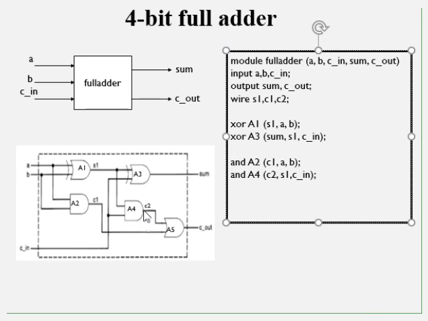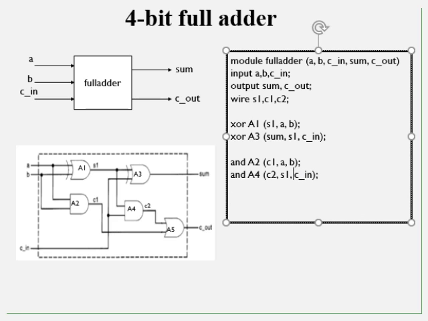So A4 inputs are S1 and C in, and the output is C2: C2, S1, comma, C in.